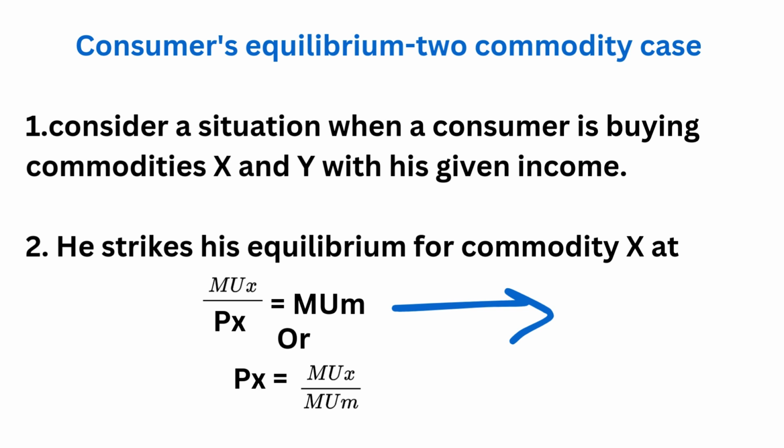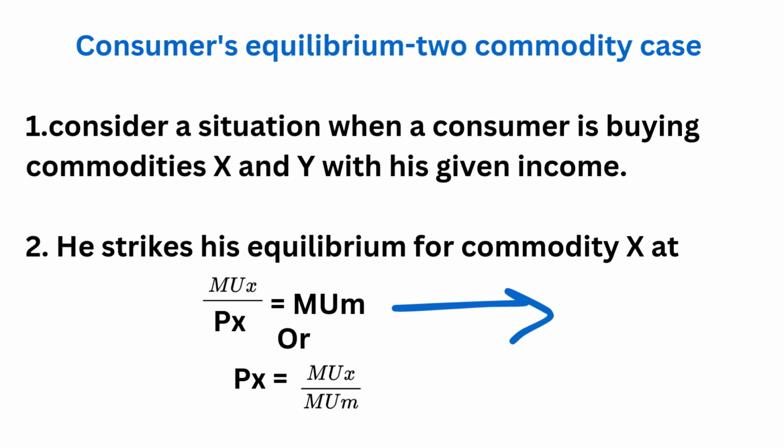So, consider a situation when the consumer is buying commodities X and Y with his given income. He strikes his equilibrium for commodity X at MUX upon PX equals MUM. So learners, I hope you can recall that it is the same formula that we have learned in the earlier part of the video, right?